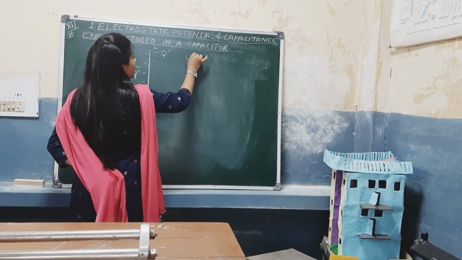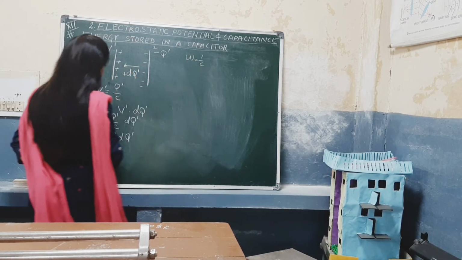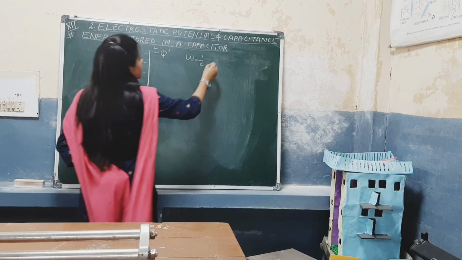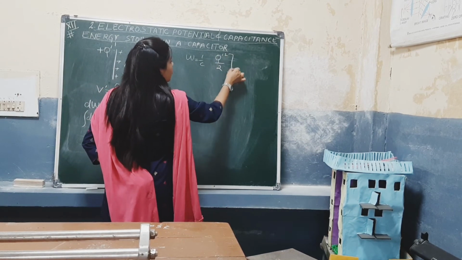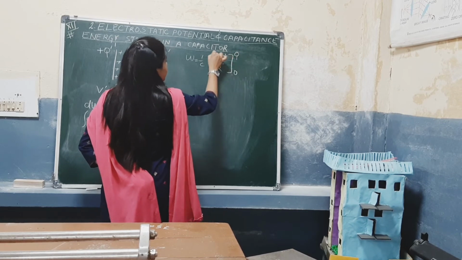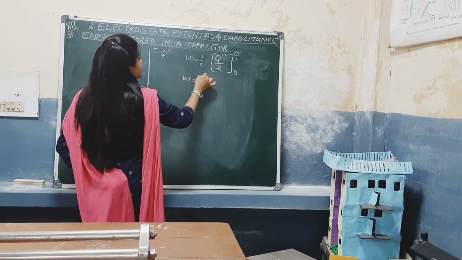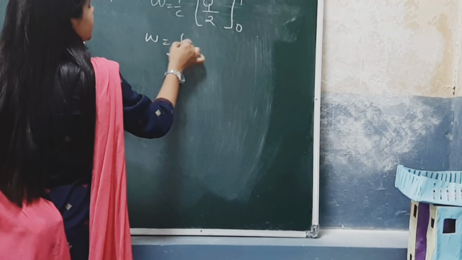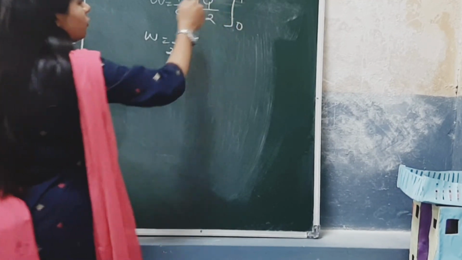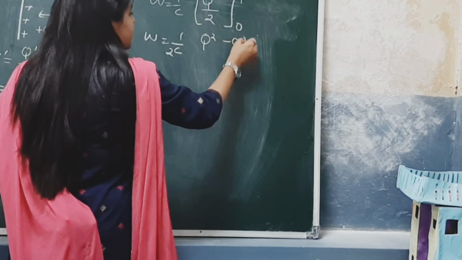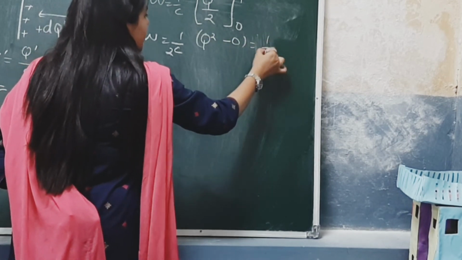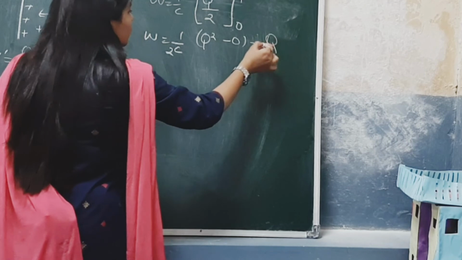Work done is equal to 1 upon C, and the integration of Q dash becomes Q dash square upon 2 over the limit 0 to capital Q. So work done is 1 upon C, take the 2 out common, and substitute the limits. We get Q square minus 0, and finally 1 by 2C Q square.